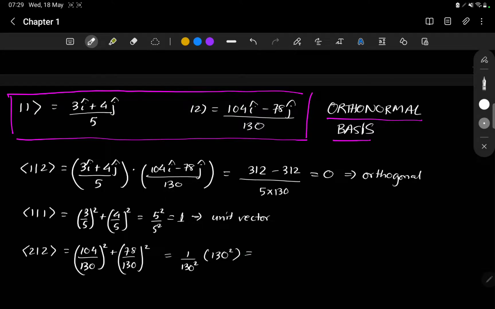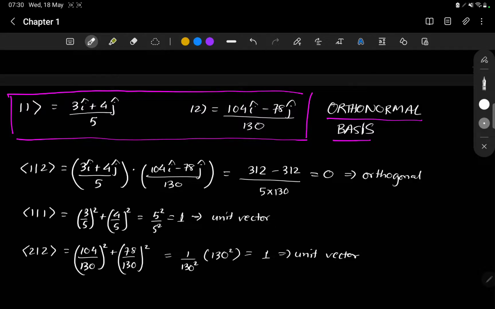The calculator verifies it, so we get equal to 1. That means this is also a unit vector. So yes, indeed, these vectors 1 and 2 are of unit magnitude and they are orthogonal to each other. So indeed, they are forming an orthonormal basis in 2 dimensions. So this completes the first part of the question.